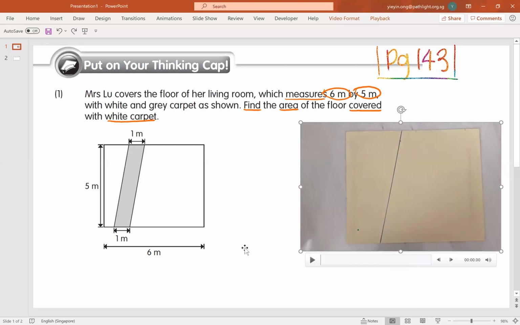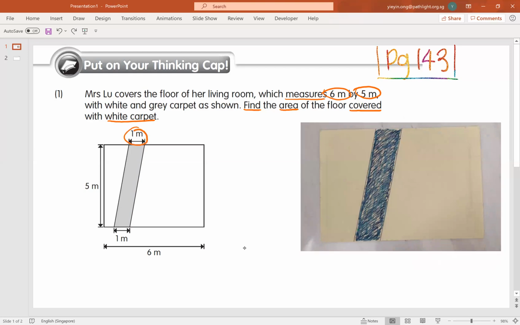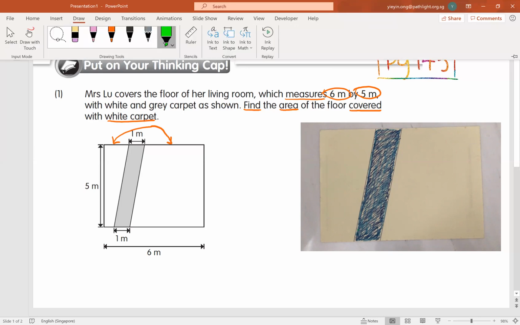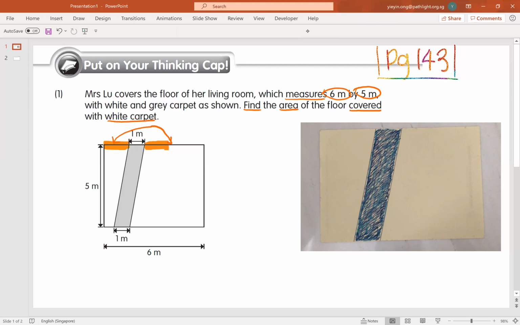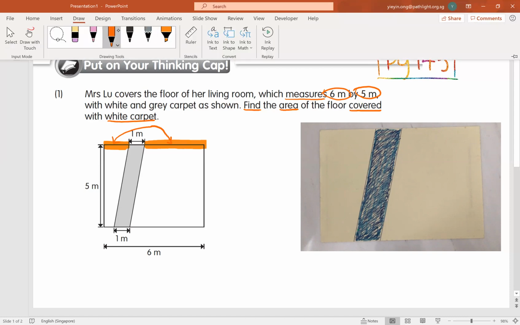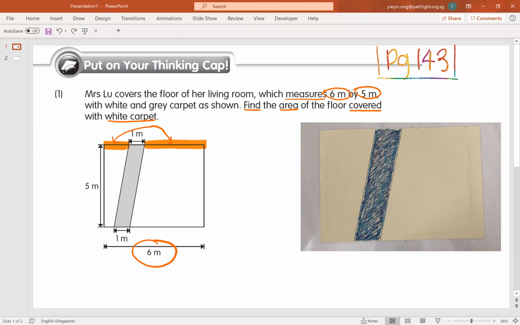On your worksheet, you can see that 1 meter is this length of the shaded carpet, which means that the remaining parts, this part and this part over here, the remaining sides, are actually 6 meter minus 1 meter.